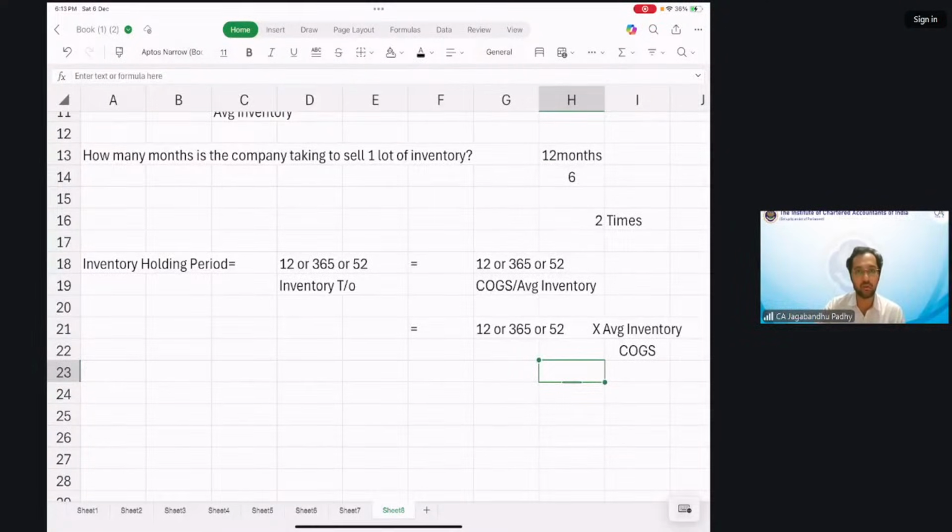That's your inventory holding period. So average inventory holding period, we say it is 12 or 365 or 52 into average inventory upon COGS. This is the formula for inventory holding period. You can use either this formula or you can even work out with this formula also.